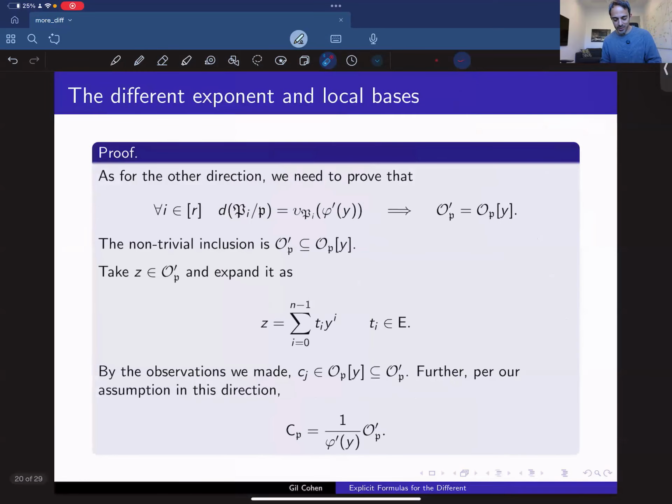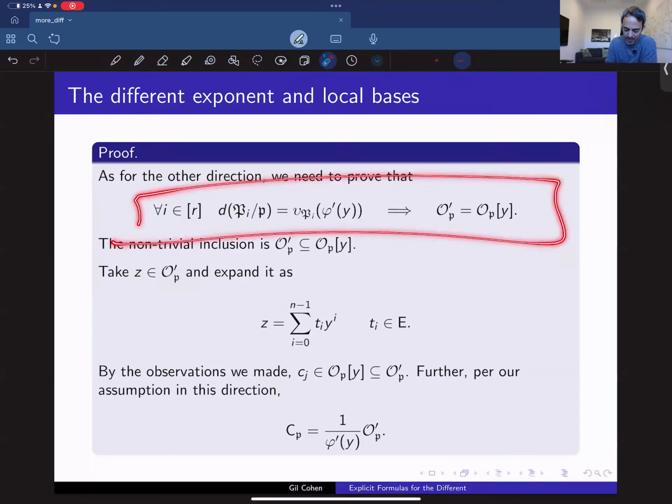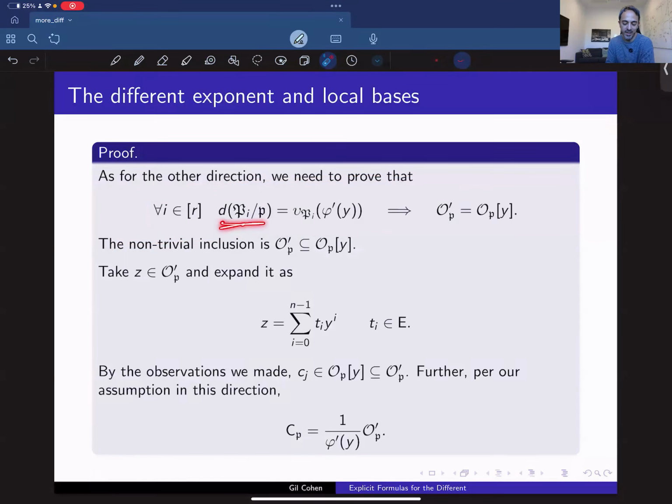Now, in the other direction, which again is less useful but slightly more interesting in terms of a proof, you want to prove that if the different exponent is equal, for every I, to the corresponding pi valuation of the derivative of phi applied to y, then indeed 1, y, y squared is a local integral basis, assuming all the time that y is integral over OP, of course.